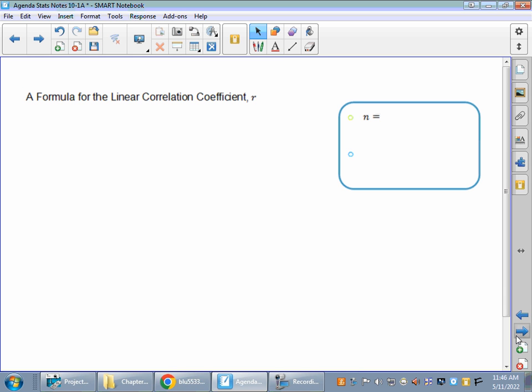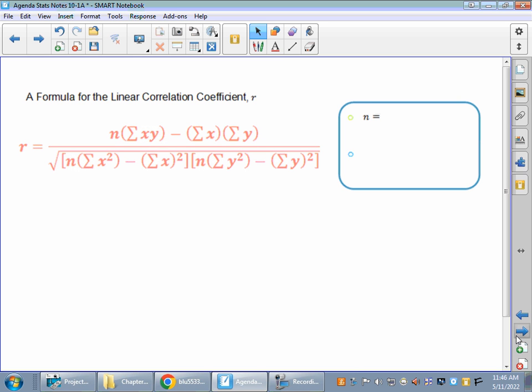All right, so here's our formula. It's a mess. Hang in there. You got this. Rho is equal to a fraction. In the numerator, you've got n times your sum of xy minus your sum of x's times your sum of y's. In your denominator, you've got a giant radical, and then 2 bracket parentheses in here.